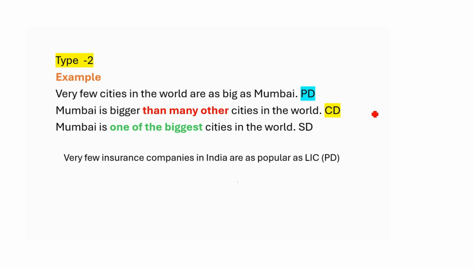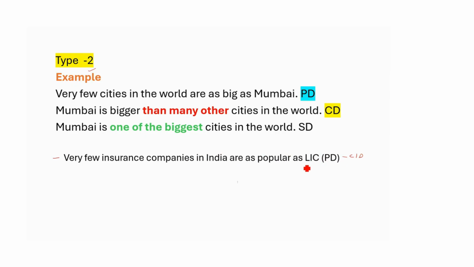Here one sentence is given and we'll change this sentence into comparative degree. Here the given sentence has "very few", which means we have identified it as type 2. Then we'll change it to comparative degree. We have to follow the rules we apply.